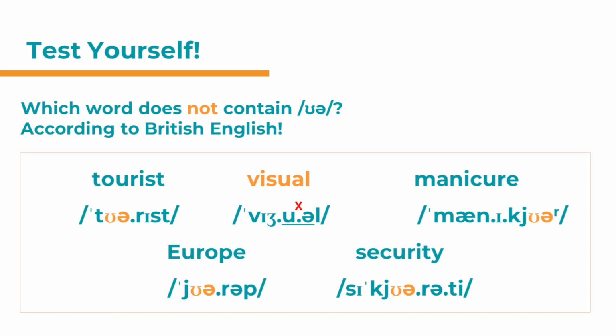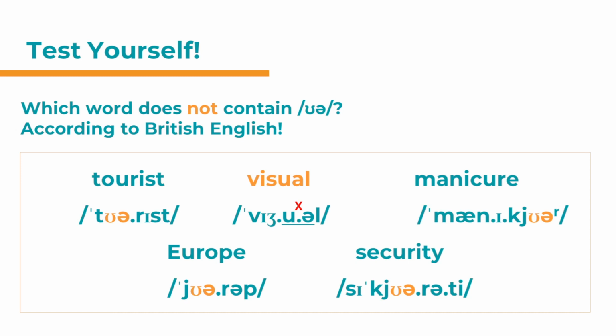Manicure, however, has also 3 syllables, and there's the diphthong at the end, manicure, cure. Europe has 2 syllables. The first syllable contains the diphthong, Europe. And our last word was security.